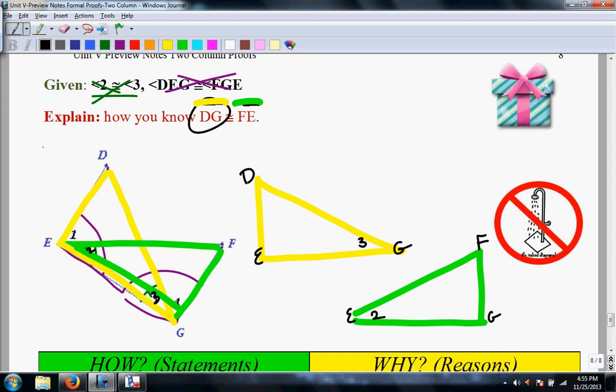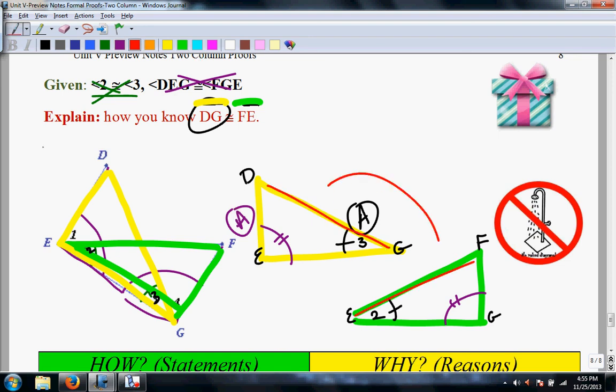And we were told that angles 2 and 3 are equal, so sweep, sweep, hatch, we have a pair of angles. We were also told that these large angles in the corner here are congruent, so double sweep, A for angle. Our goal is to somehow connect these two sides. Somehow, some way.